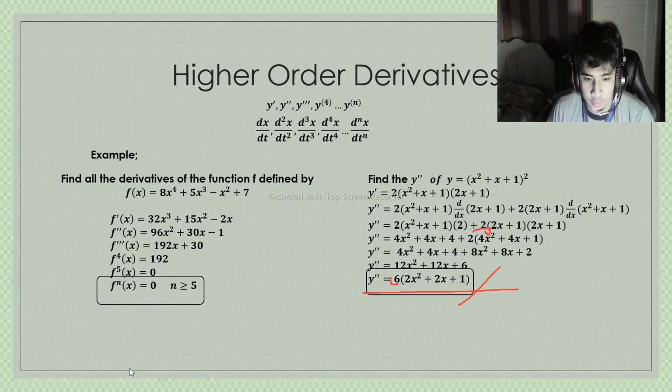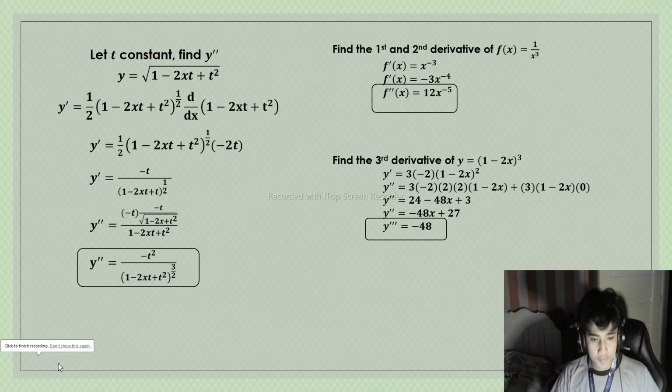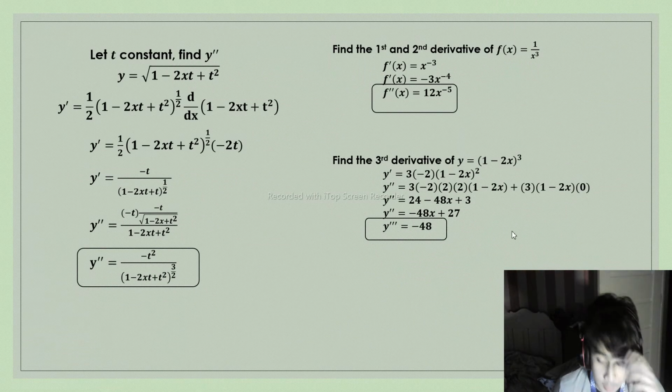Okay, let's move on to another example. So, we need to find the second derivative of this function. Y is equal to square root of 1 minus 2xt plus t squared. Huwag kayong ma-mislead dahil ang t natin ay stands lang for a constant.